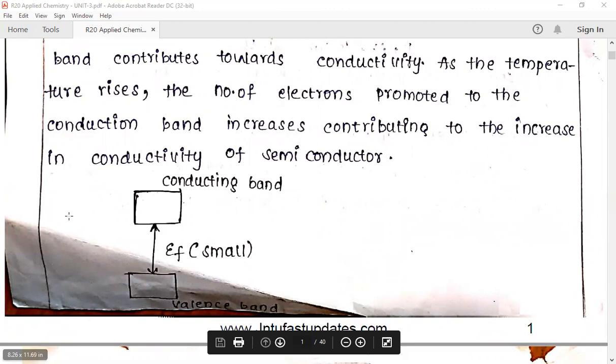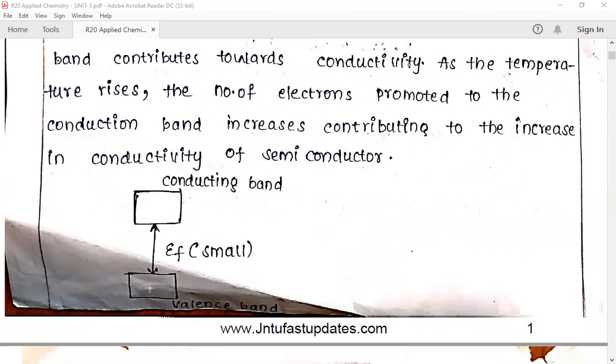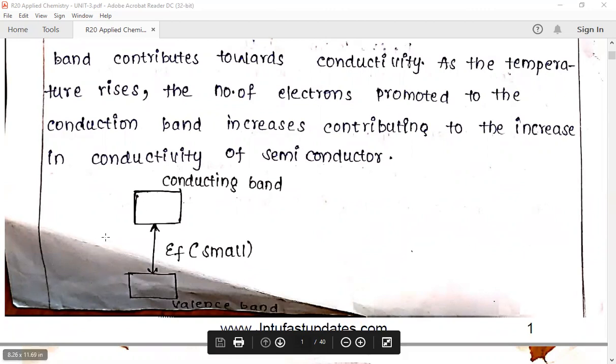If we supply energy externally in the form of temperature, then the electrons present in the valence band absorb this energy, get excited and jump from the valence band to the conduction band.